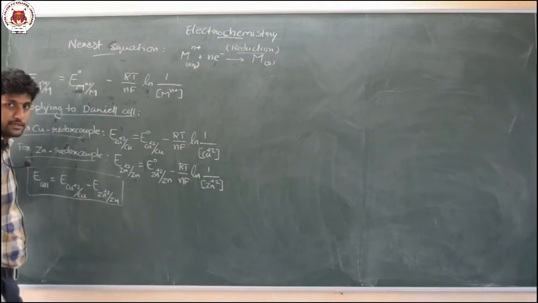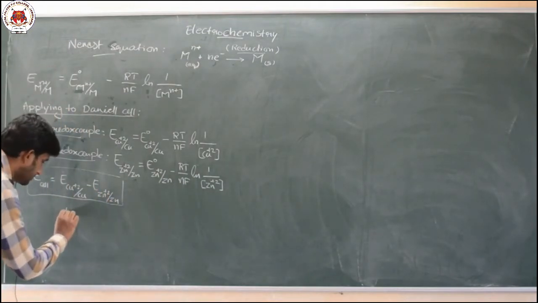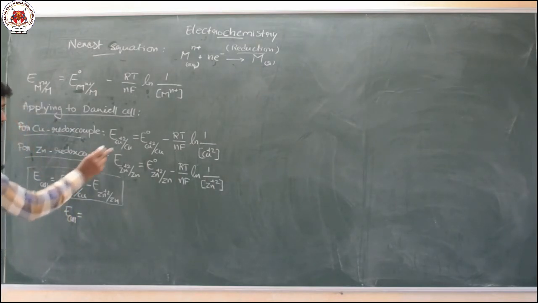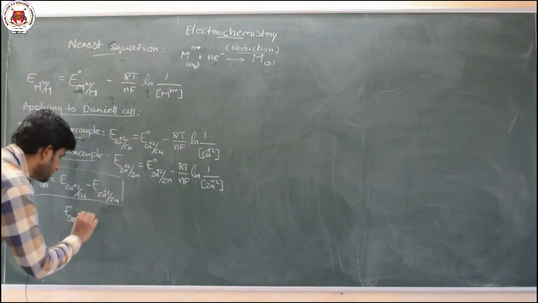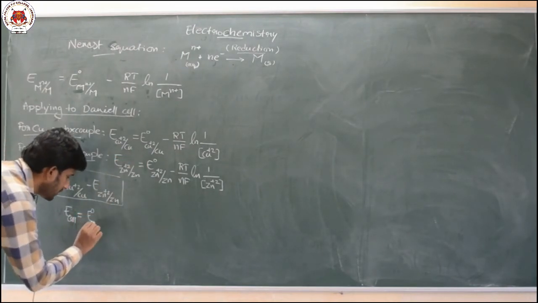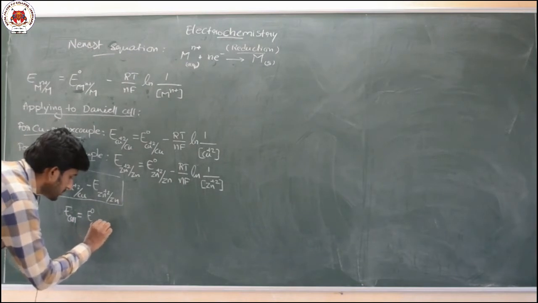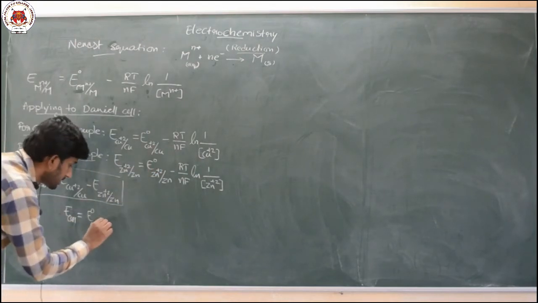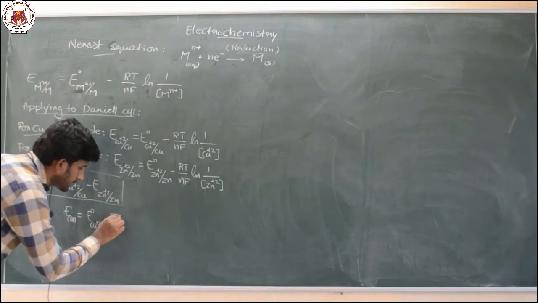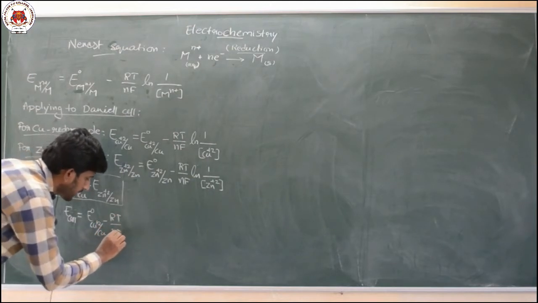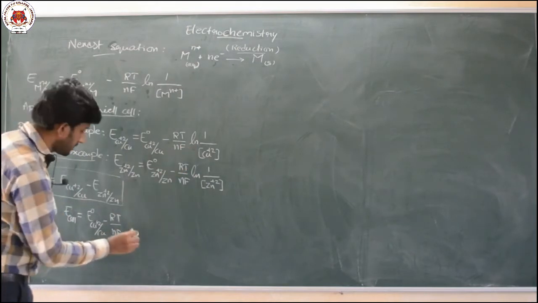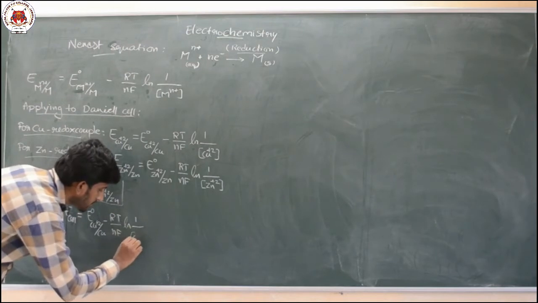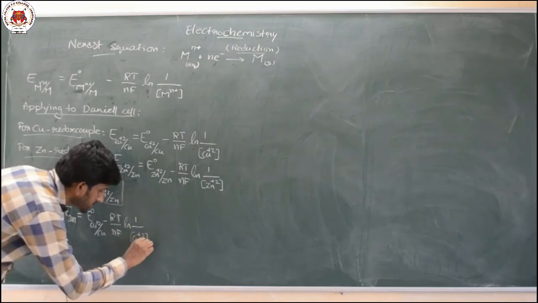Substituting, what I will get: E cell is equal to, first substituting copper, E naught Cu^2+/Cu minus RT by nF ln 1 by copper 2+ concentration.